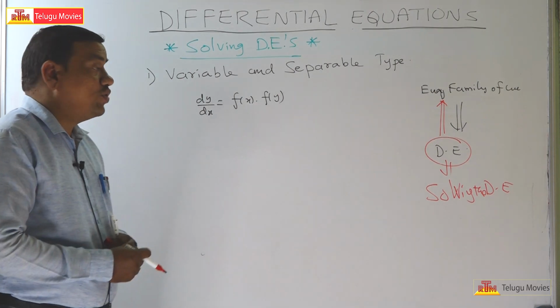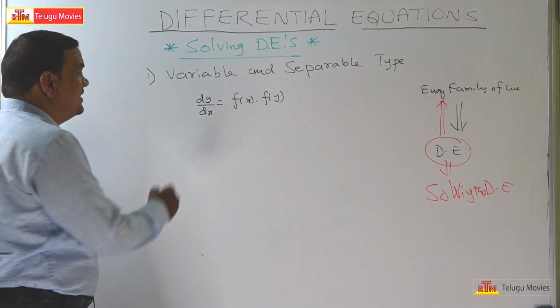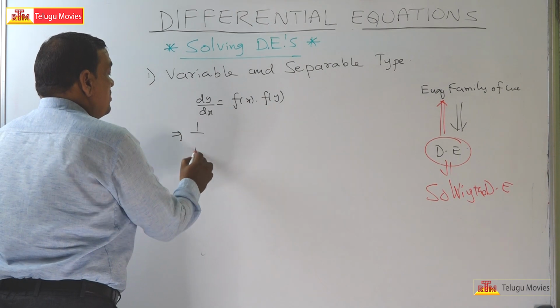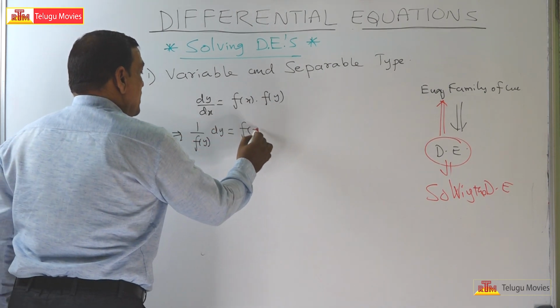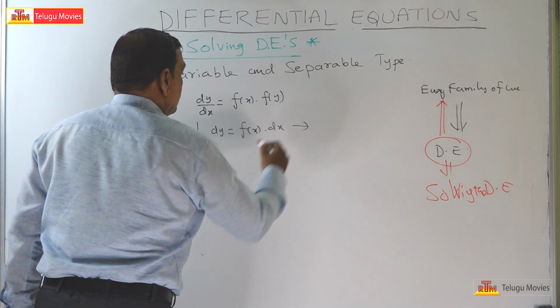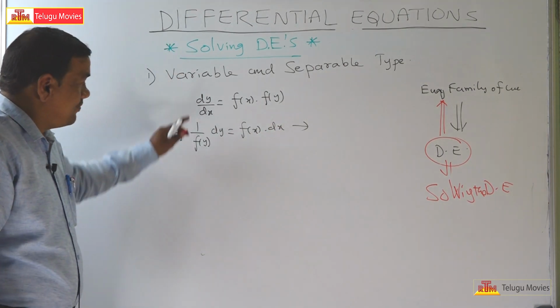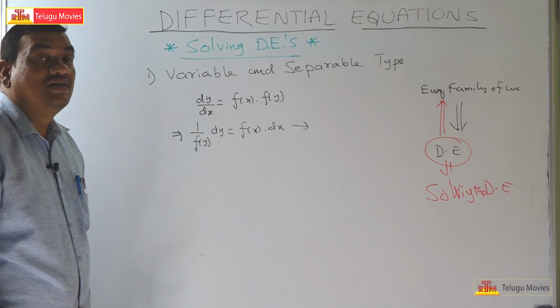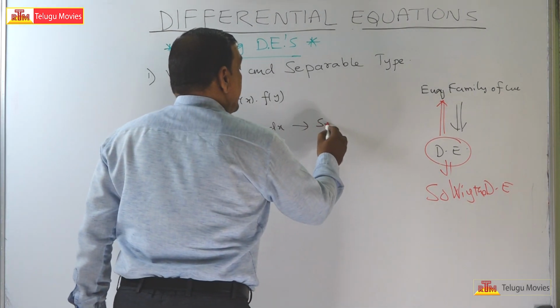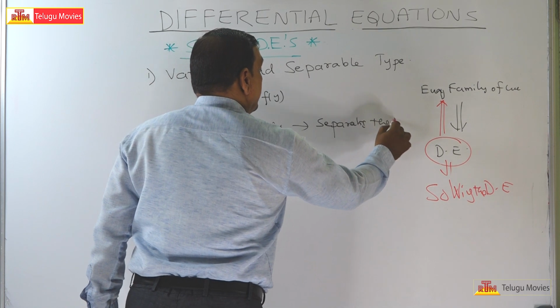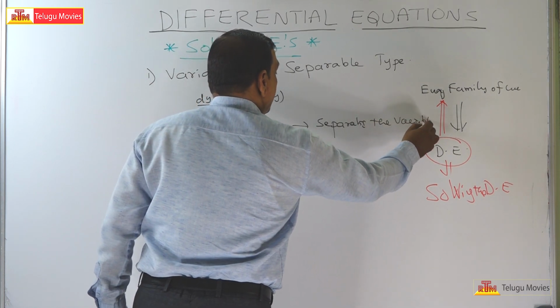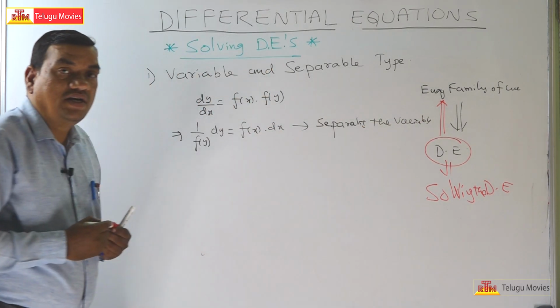Now can I write this as 1 by f of y into dy is equal to f of x into dx? This step is called separating the variables.